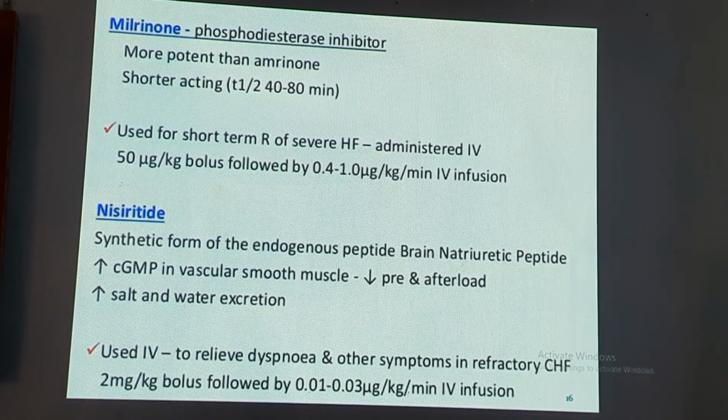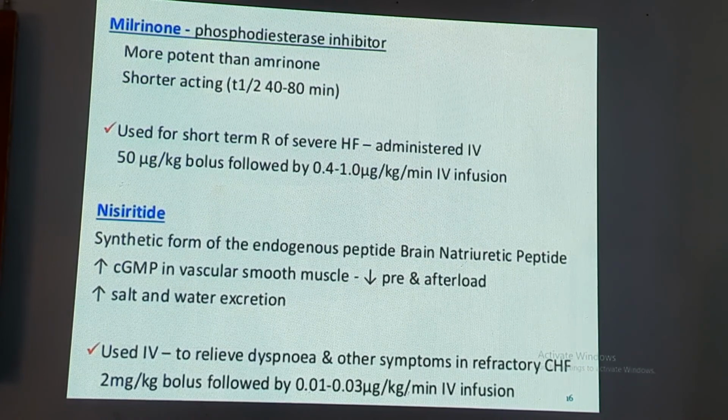Third drug is nesiritide, that is a synthetic form of the endogenous peptide, brain natriuretic peptide. It increases cyclic GMP in vascular smooth muscle and decreases preload and afterload.